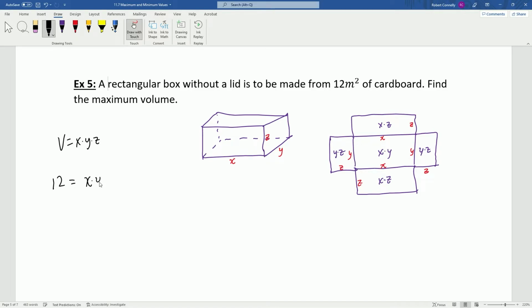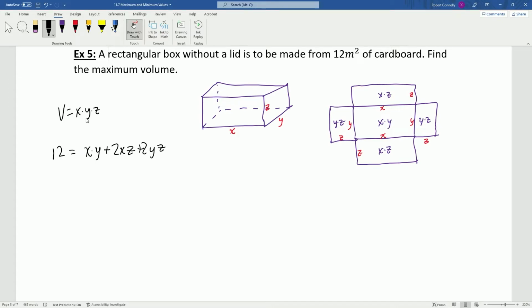x times y plus 2x times z plus 2y times z. And this is important because what we want to maximize is volume, but we have 3 variables here, so we need to use this constraint to remove our variable z, so we can get this down to just 2 variables.